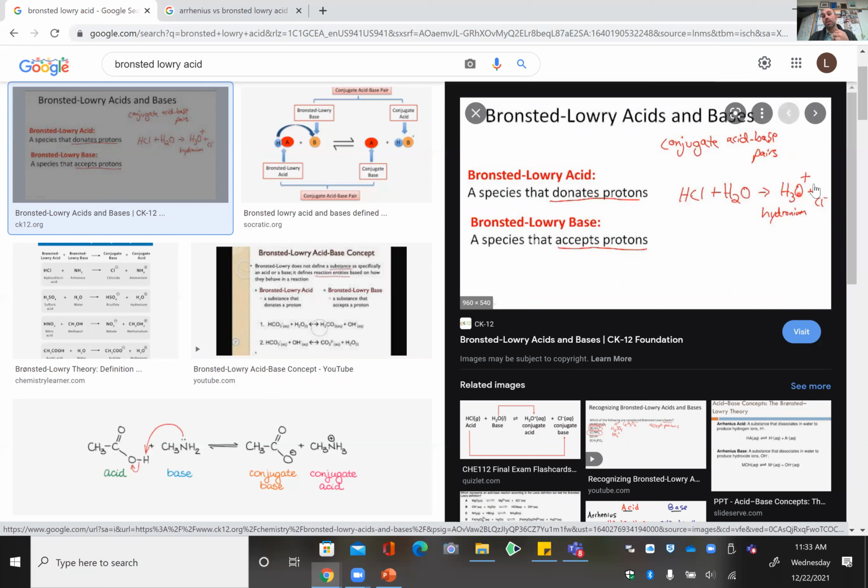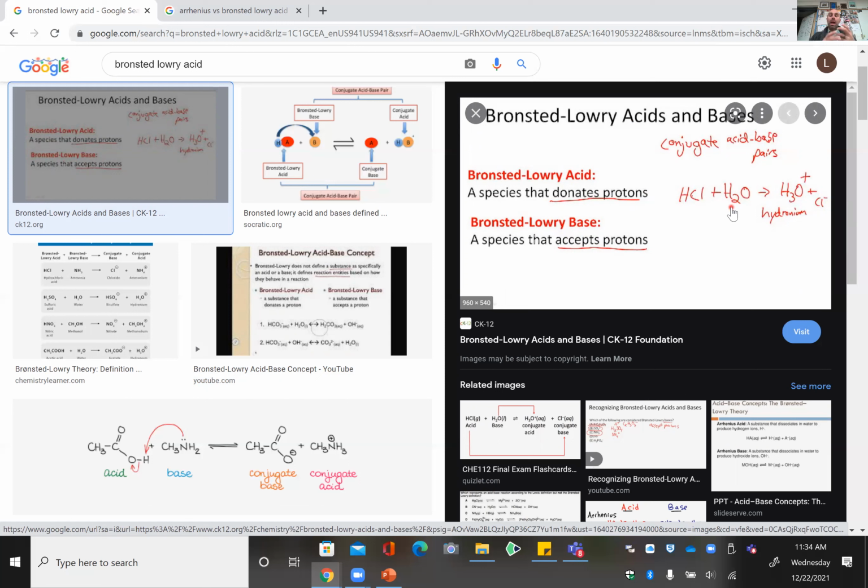It accepts it. And then we get these two things on the other hand. Notice up here, there's something called a conjugate acid-base pair. If we look at a reaction as reactants and products, here we have our reactants, here we have our products. We see that HCl in this case would be the Bronsted-Lowry acid, and H2O would be the Bronsted-Lowry base.